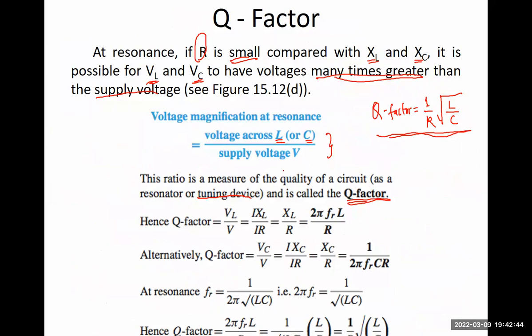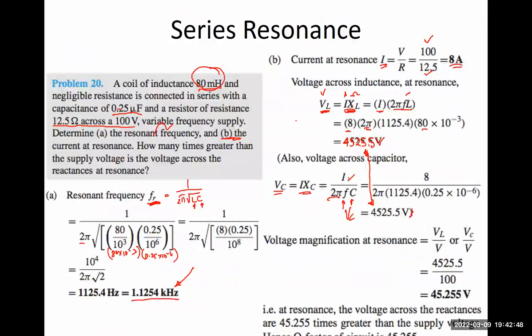And then we divide it by the supply voltage. So, to get the voltage magnification ratio, again, ito, no? We could make use of VL or we could make use of VC and divide it with the supply voltage.